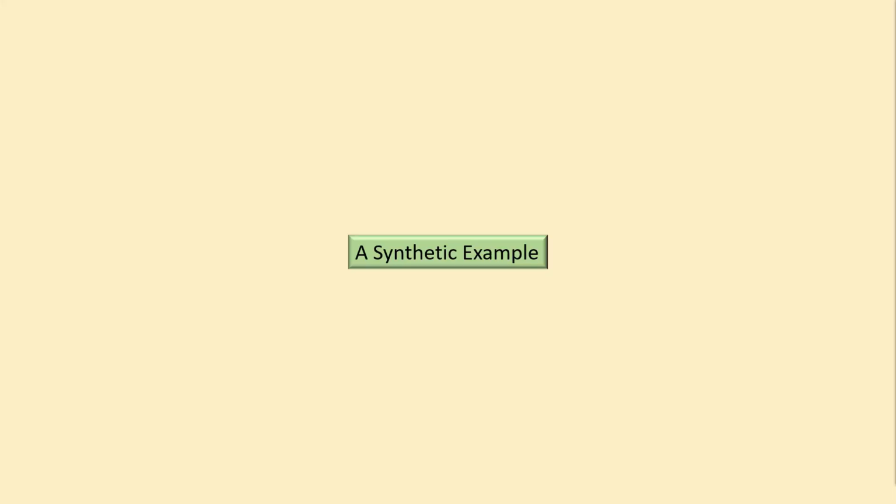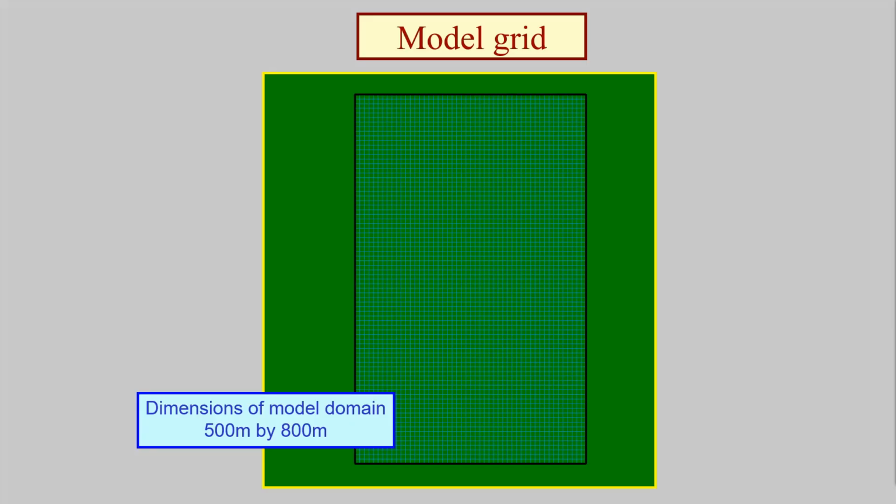Finally, I want to present a sequence of slides which are illustrative of what happens when we solve an inverse problem in general, and what happens when we solve that problem using Tikhonov regularization in particular. Some of these slides have appeared in other videos in this series. This is a synthetic case. I have a rectangular model domain.